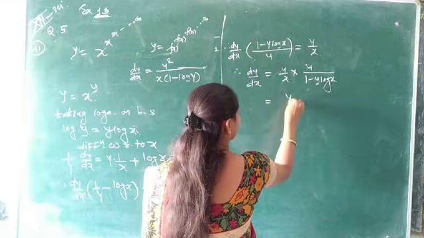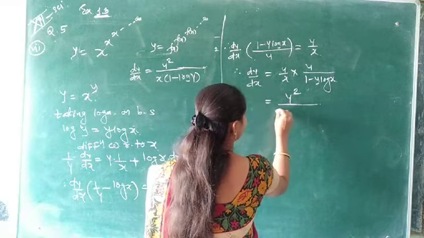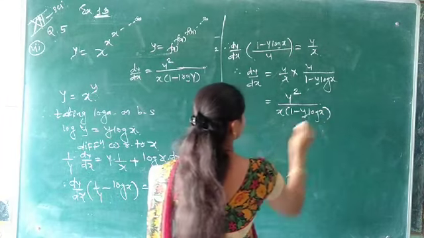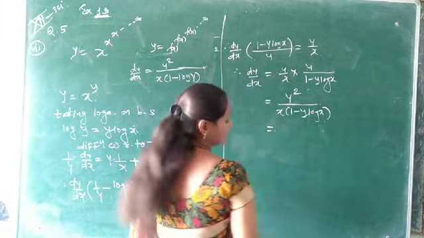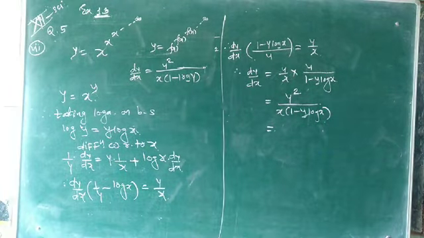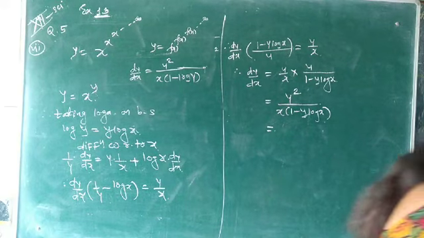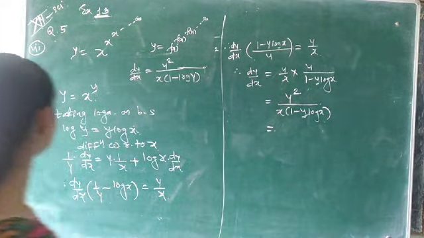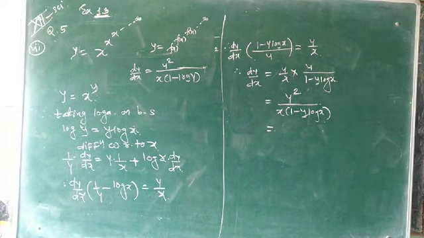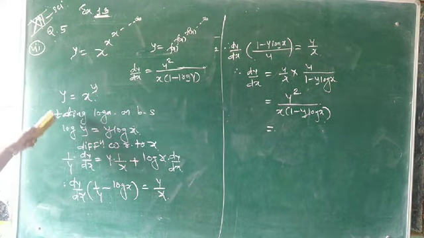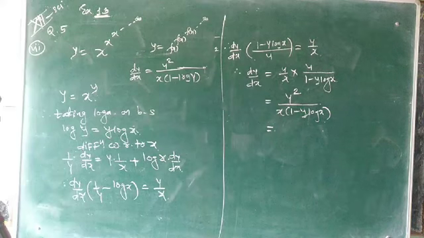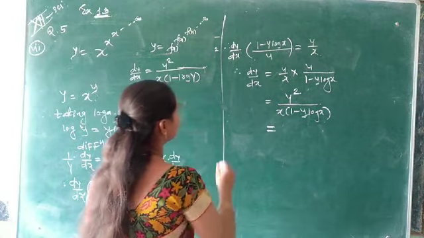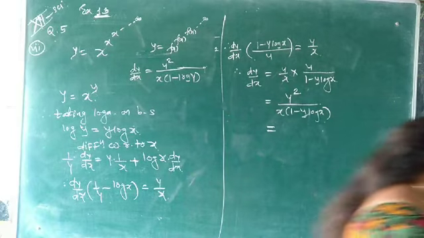Therefore, y square in the bracket, x into 1 minus y log x, which is x into 1 minus log y, since log y is equal to y log x. So this is our answer: dy upon dx is equal to y square upon x into 1 minus log y.